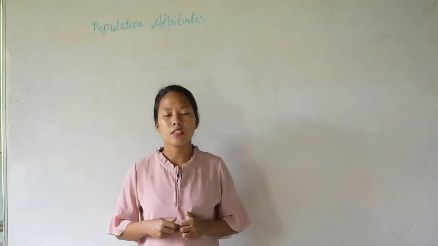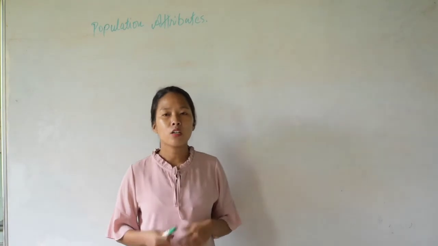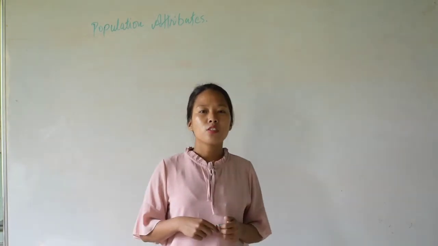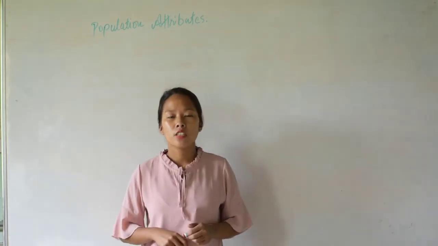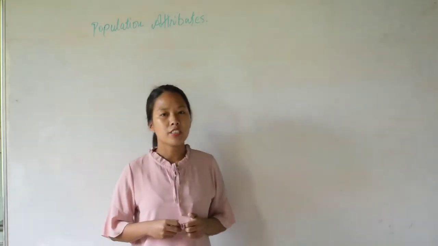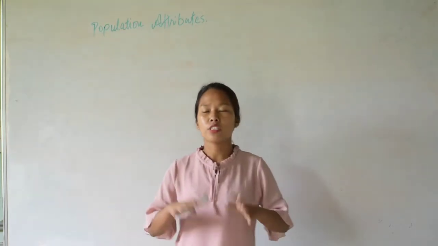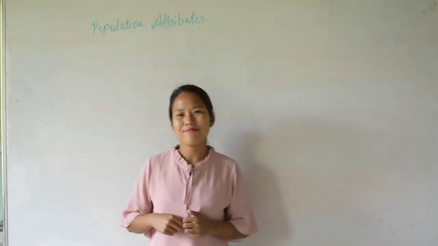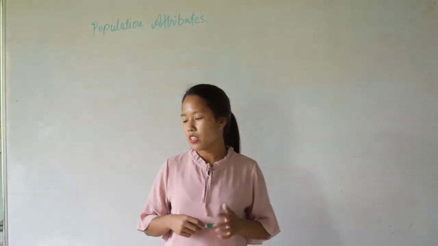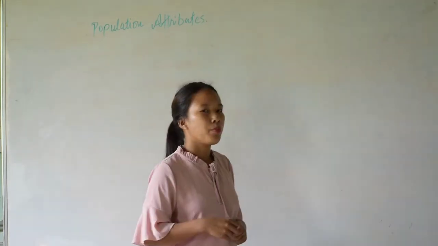Attributes means some characteristics or points which are associated with the population and not with the individuals alone. So we cannot consider these characteristics for a single individual, but we have to consider characteristics of a whole population as a whole. And now we will discuss some of the attributes of population.